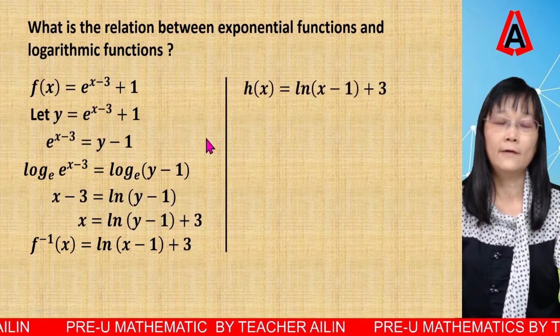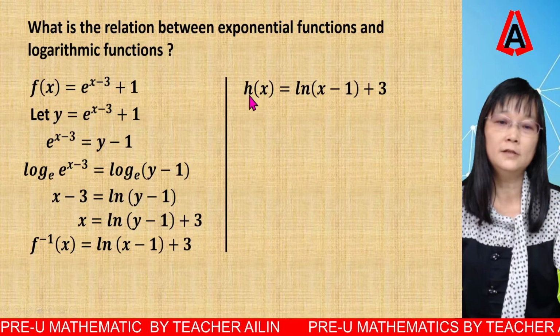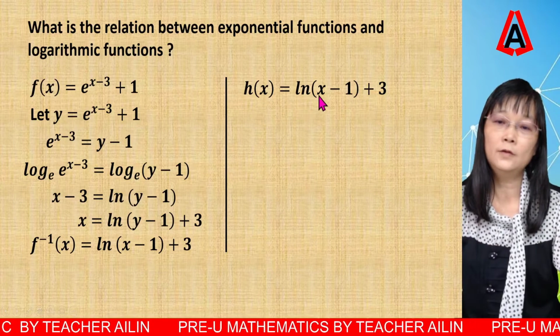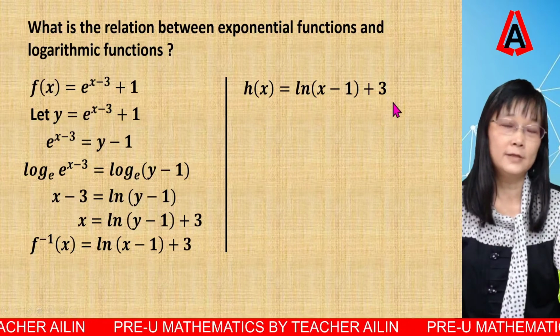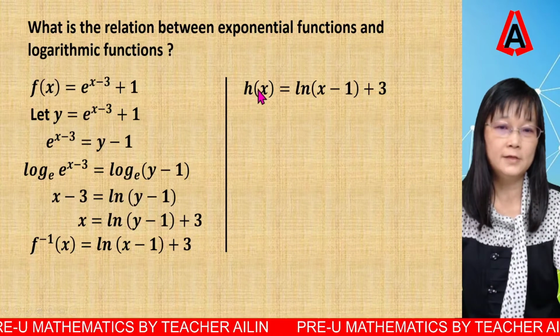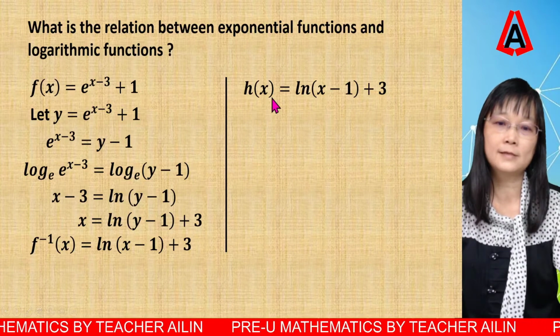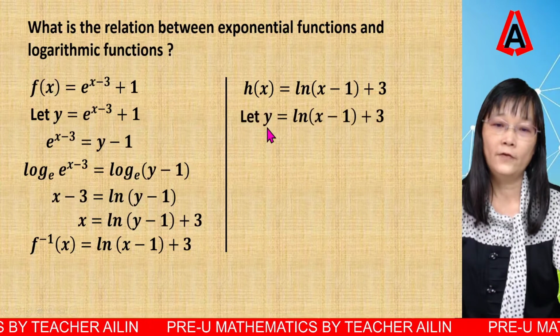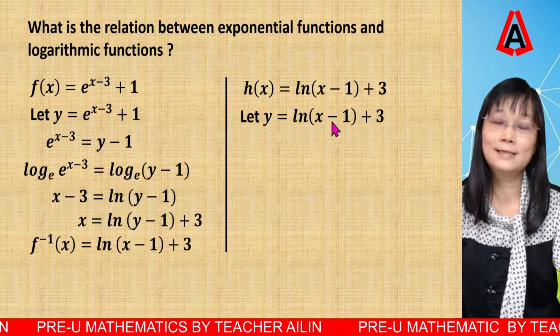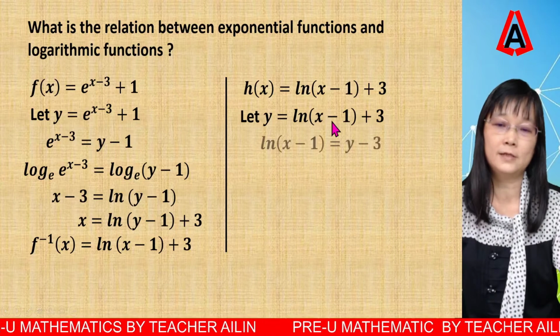Next I have another function, h of x, where h of x is ln of x minus 1, plus 3. Similarly, I'm going to find the inverse of this function h of x. To find the inverse, I rearrange this equation such that x is the subject.